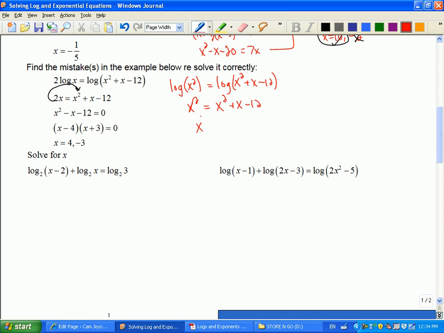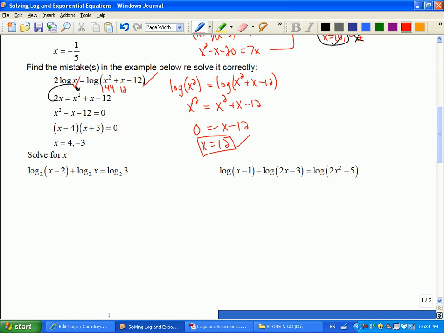I might as well call that 0 equals x minus 12, so x equals 12. Okay, we still have to check. No problem there. If I put in 12 here, that's going to be like 144 and 12 more. It's way bigger than that, so it works there too. So that is in fact my answer.